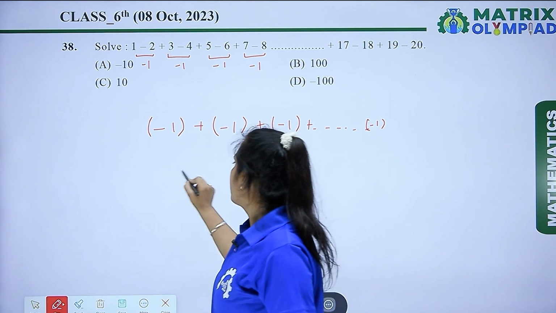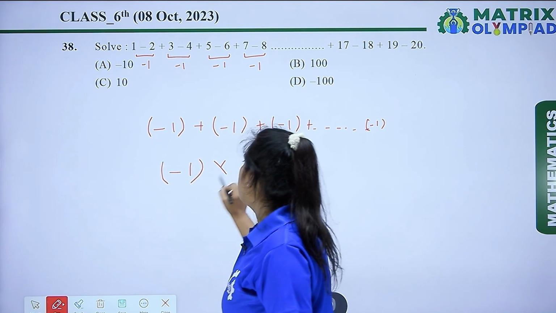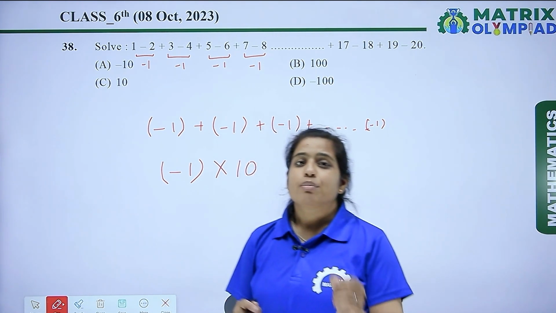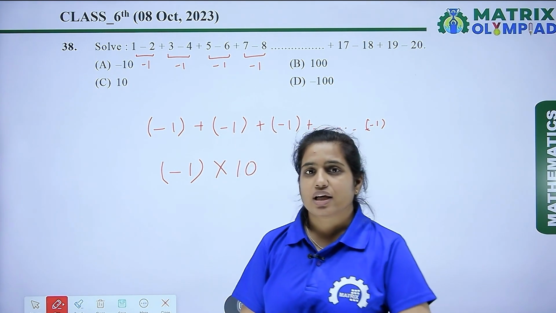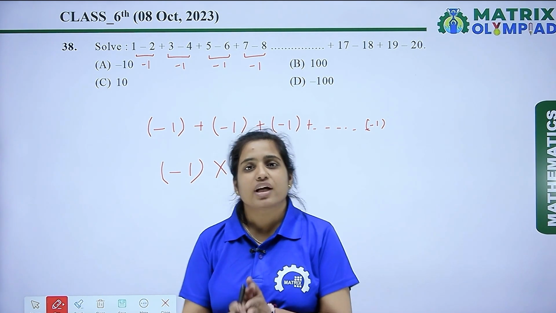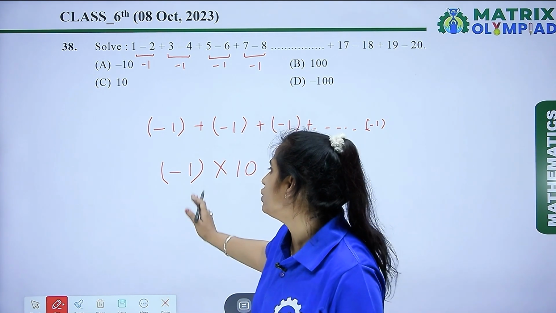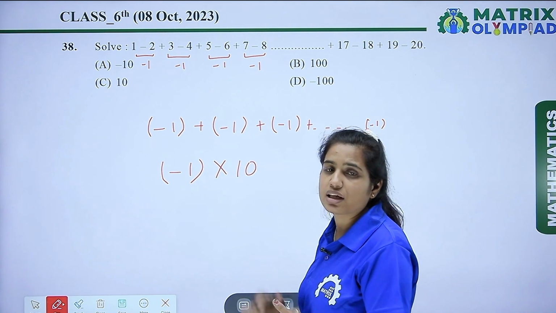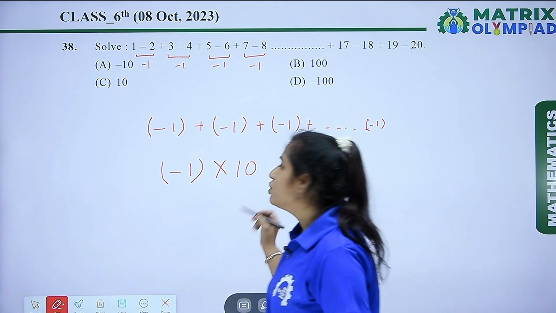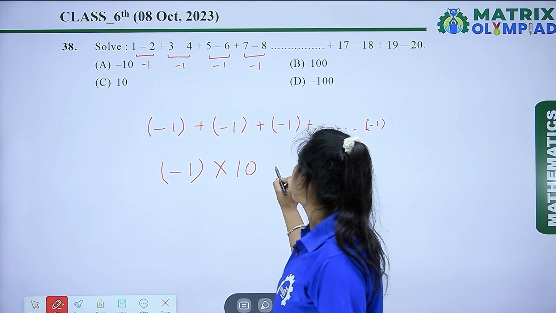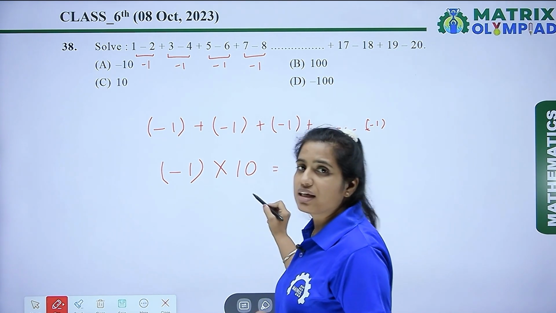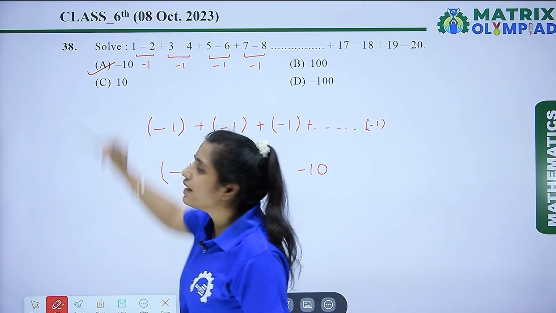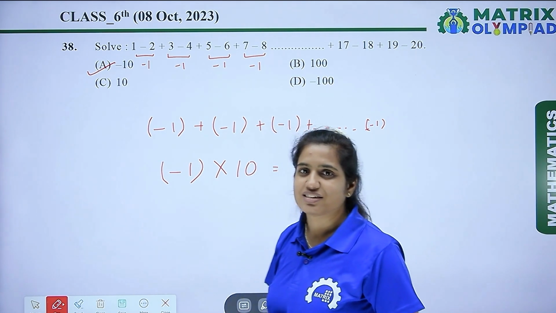So -1 will be multiplied by 10. रिपीटिव एडिशन अगर हो रहा है तो मल्टीप्लीकेशन क्या है? सिंपली रिपीटिव एडिशन है. तो -1 को अगर हम मल्टीप्लाई बाय 10 करें या हम -1 को 10 टाइम प्लस करें, दोनों का आंसर सेम आएगा. सो हियर -1 मल्टीप्लाई बाय 10 गिव्स अस -10. सो हियर ऑप्शन ए इज द करेक्ट आंसर.